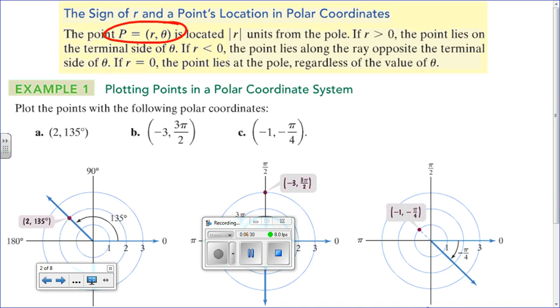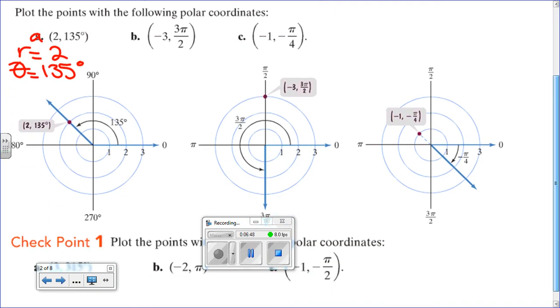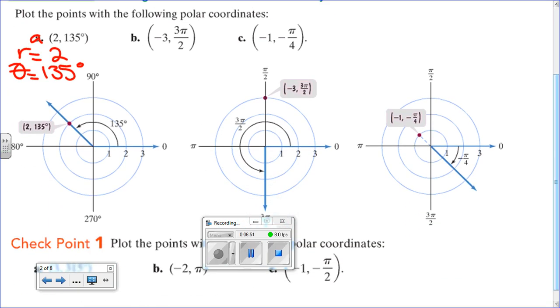First we're going to graph example A. For that one, the radius is 2, so it's positive, and the angle theta is 135 degrees. Starting from the polar axis, which is here, we go from there in the positive direction, counterclockwise, that's 135, which is 90 plus 45.